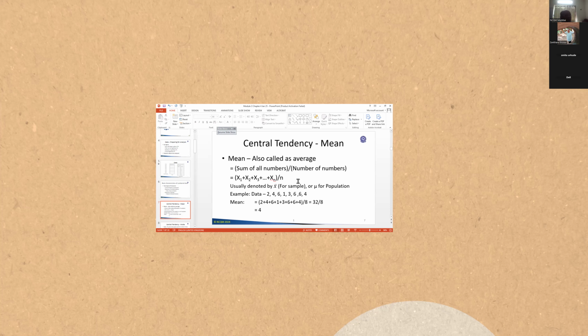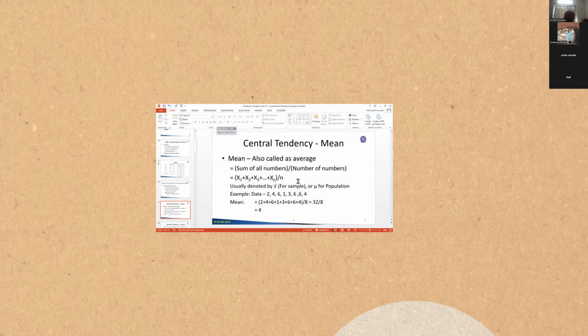So for example, the population of India, the average age. If you calculate the average age of the Indian population, it might come to say 40 years. Okay, average age of Indians. So you calculate it by the age of the infants to the age of the eldest person, correct?